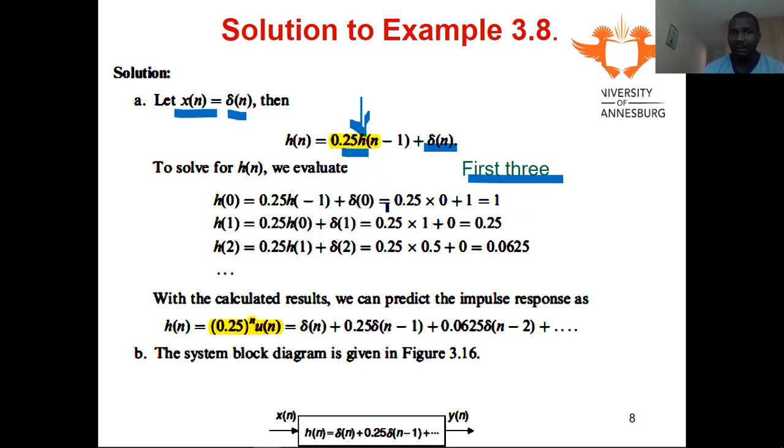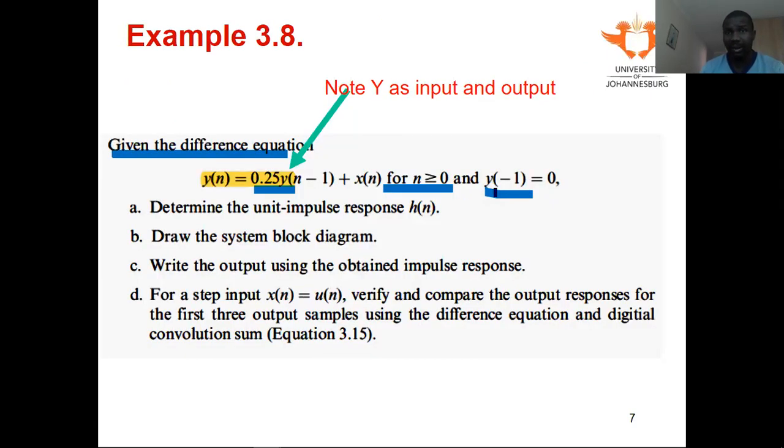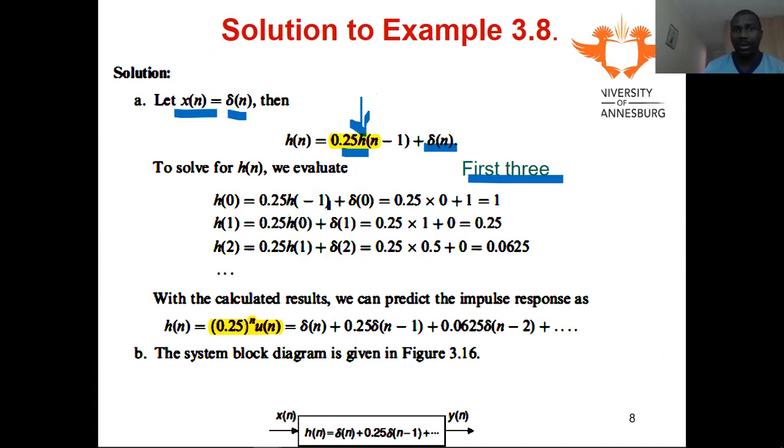And remember, y of minus 1 was 0, so that's where we get 0 there, and that times 0.25. So the only thing which exists is x of n at 1, which equals 1. The difference equation also already tells us this is just 1, 1 multiplied by delta. So you add 1, you have 1.